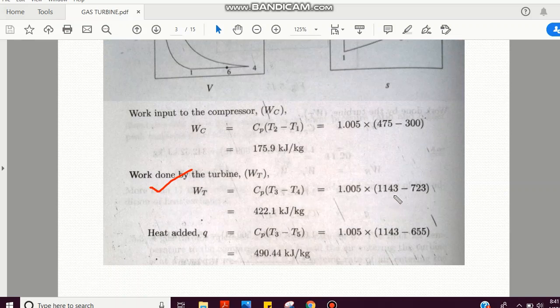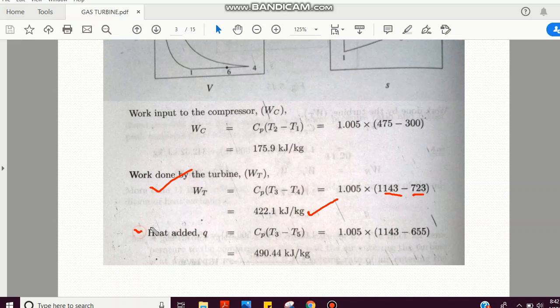So the value of T3 is 1143 Kelvin, the turbine inlet, and the outlet of the turbine is 723 Kelvin. So that becomes the turbine work is 422.1 kilojoule per kg.